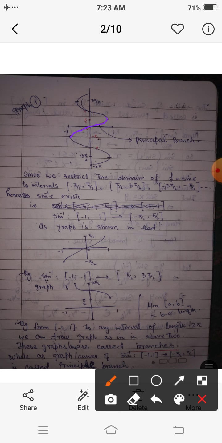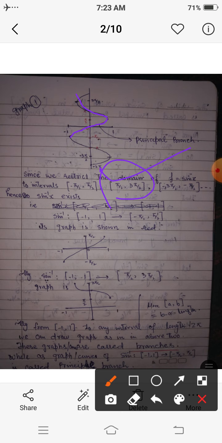Also, you know that in the interval pi by 2 to 3 pi by 2, the sine function is one-to-one and onto, meaning bijective. So in this interval also its inverse exists. When we consider the same function whose domain is minus 1 to 1 on the interval pi by 2 to 3 pi by 2, its graph is like this.